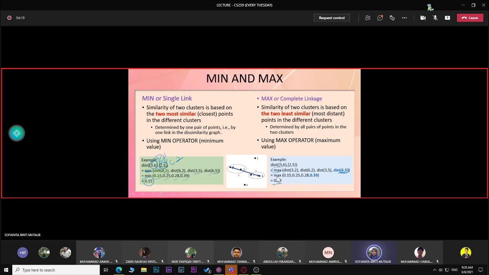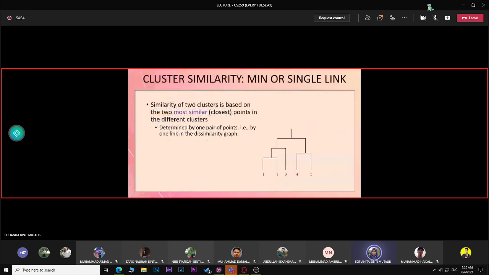Okay, so this is how we use min and max. Okay, what is min? Min can be referred to the single link, and max is referring to the complete link. Okay, right. So first here I want us to do this exercise for the min or single link.